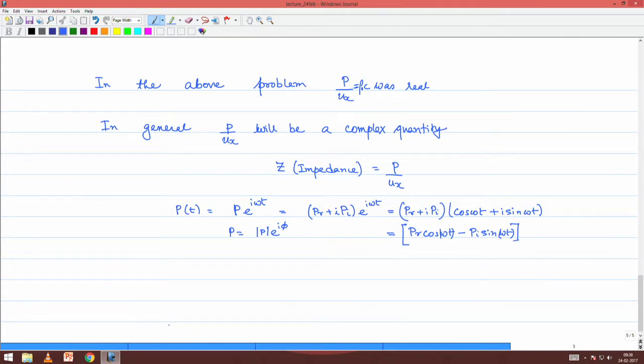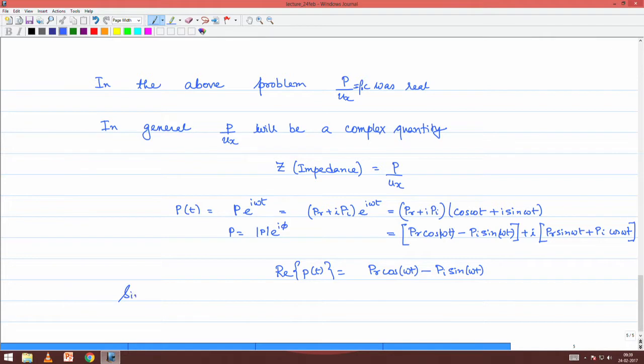That is the real part of it, and the imaginary part of it is p r sin omega t plus p I cos omega t, right. So, this is what we have in terms of phasor, but then we had taken the convention that the actual signal that will be obtained will be the real part of it, is real positive x axis at time t equals 0. So, the real part of this pressure is going to be p r cos omega t minus p I sin omega t, right.